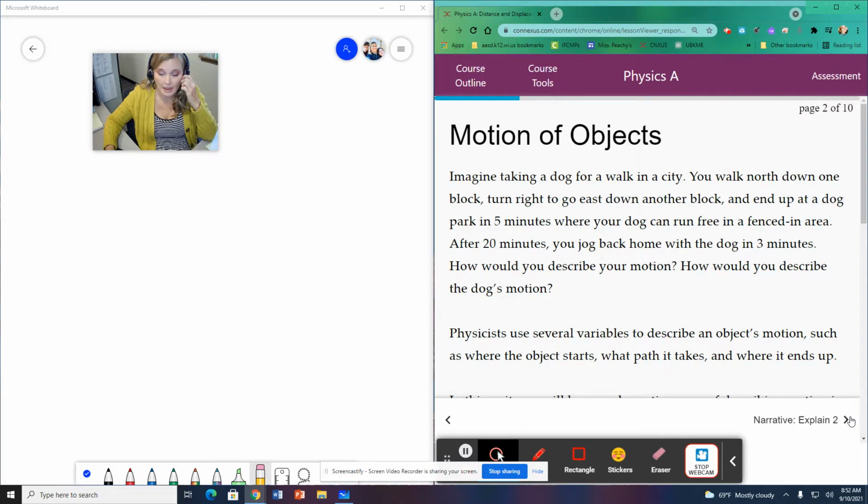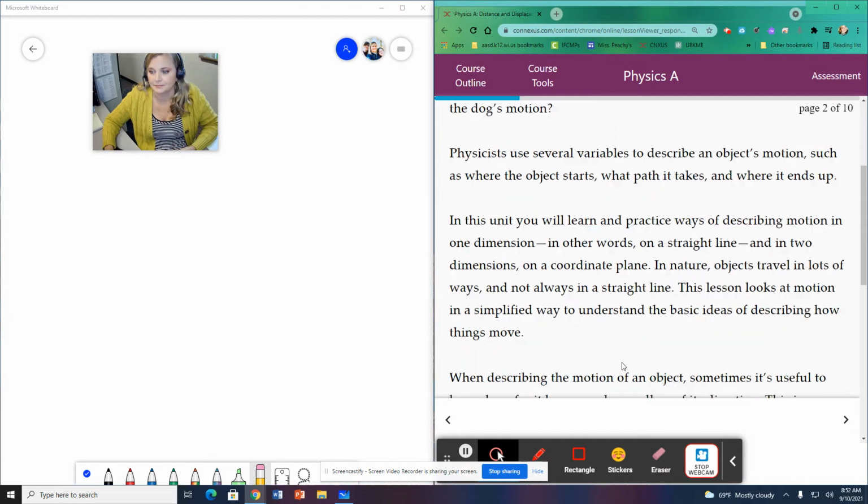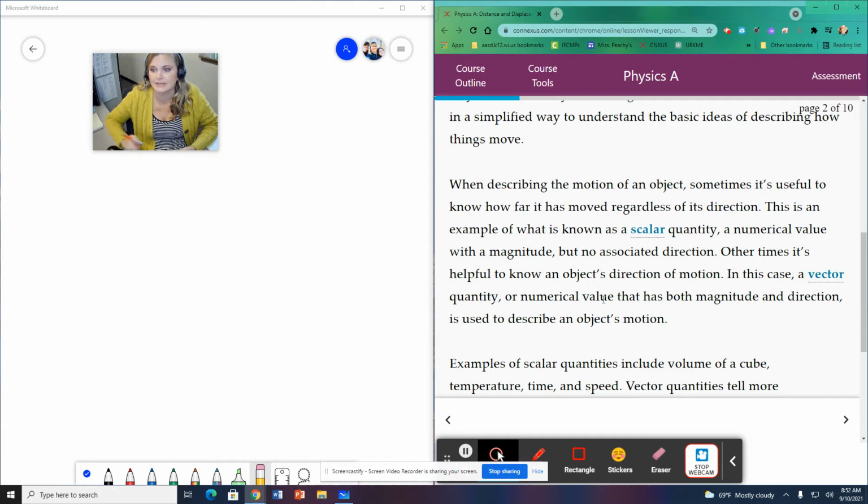All right, so there's a difference between displacement and distance. Distance is the total amount of travel that you've had, whereas displacement is the difference between your starting position and your ending position. Here it talks about a scalar quantity.